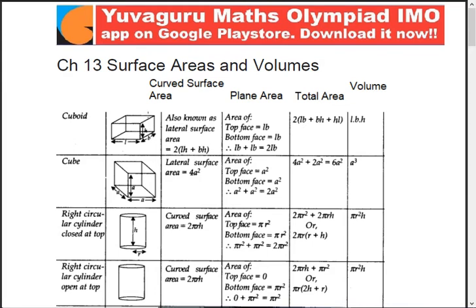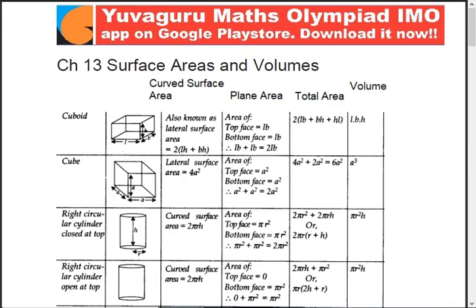In a cuboid, this area is the lateral area, and the next area is the top and bottom area. Always remember, surface area consists of lateral plus top plus bottom. Top and bottom are sometimes combinedly called plane area, and total area is lateral plus plane.